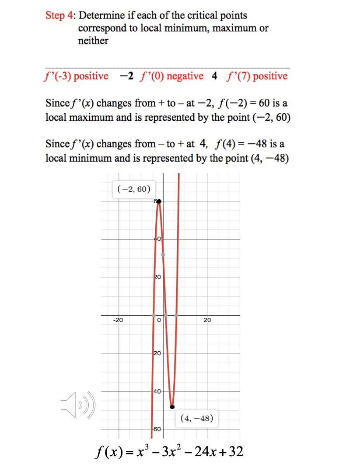And now what we want to do is, if you recall, when we put in negative 3 into the first derivative, it came out to be 21, which is positive. So I'll mark, so you can see that the first derivative is positive in that interval less than negative 2. And between negative 2 and 4, that's where I used 0. When I put 0 into the first derivative, that came out to be negative 24. So that's a negative value.